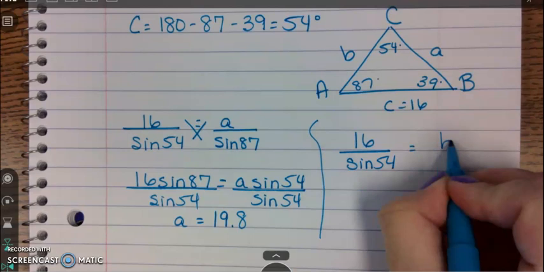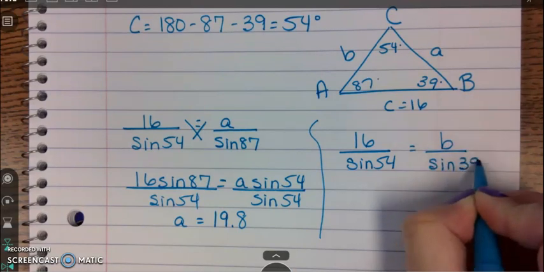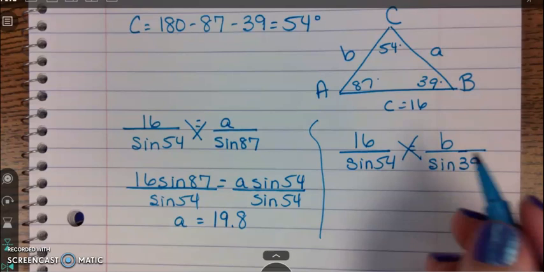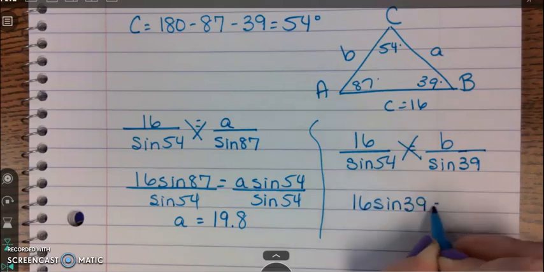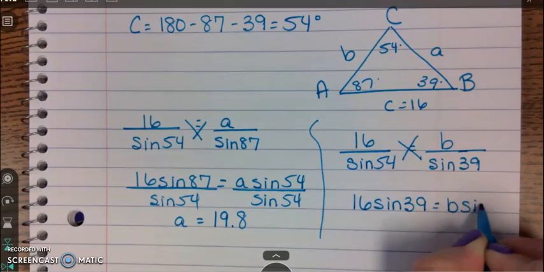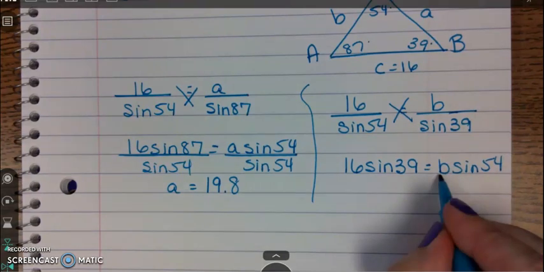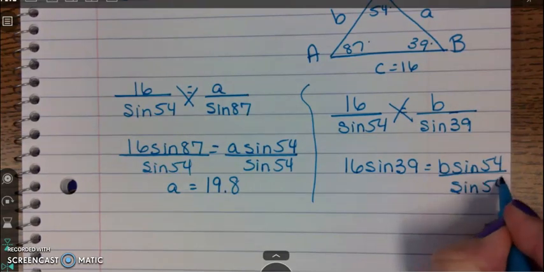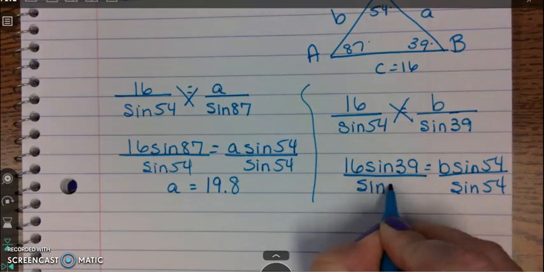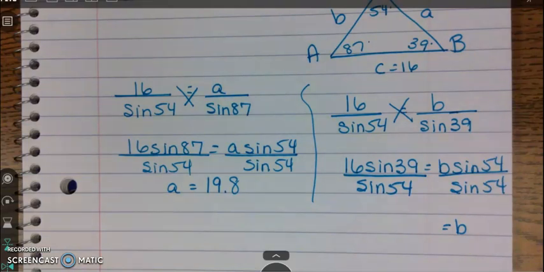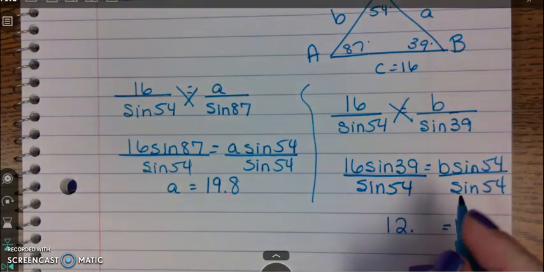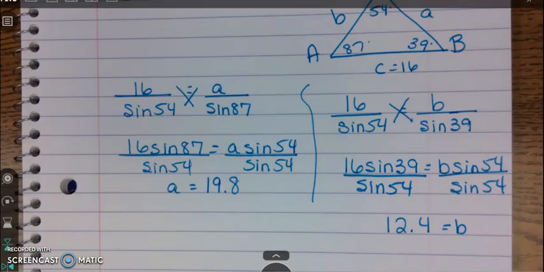So little b over sine of 39, cross multiply, so we get 16 sine 39 equals b sine of 54, divided by sine of 54, so b equals 16 sine of 39, enter, divided by sine of 54. And I got 12.4. Okay. That was kind of fun.